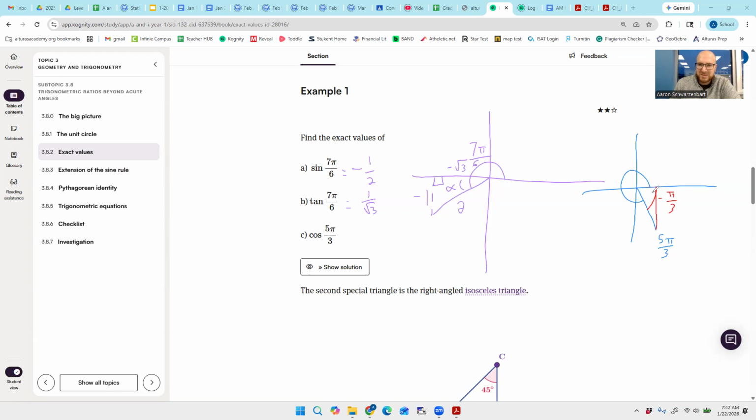Pi over 3 being like a 60. That's 1. This down part is negative square root of 3. This is 2. Cosine is 1/2. And you can check your unit circle to verify those.